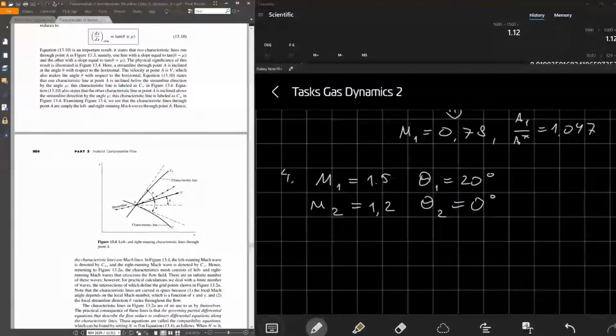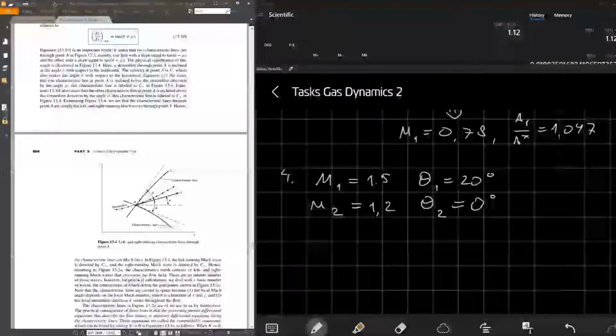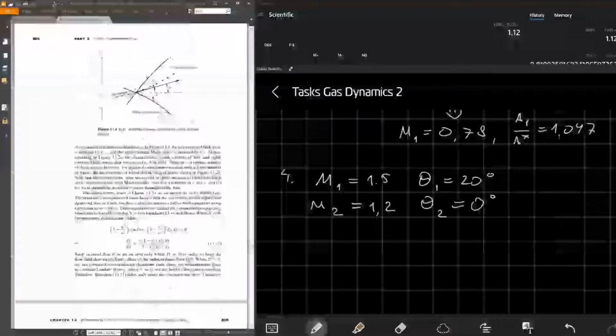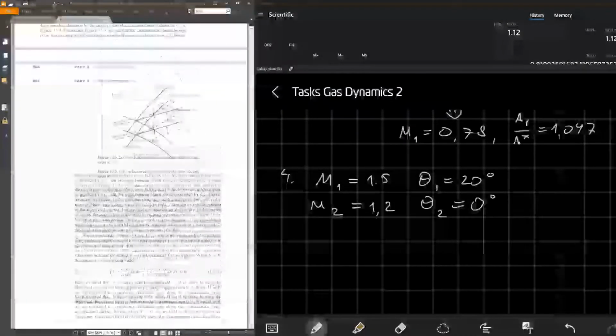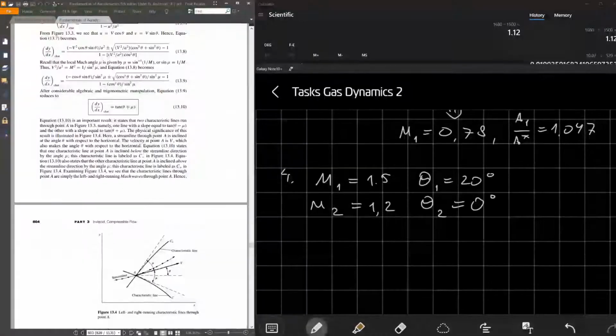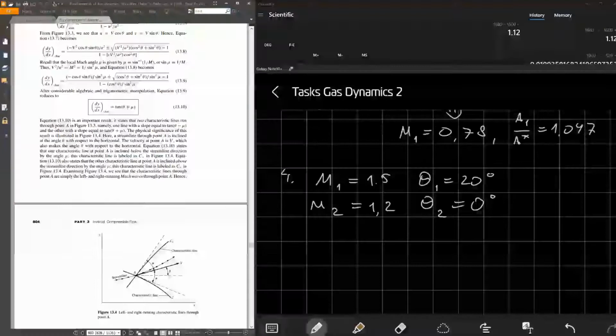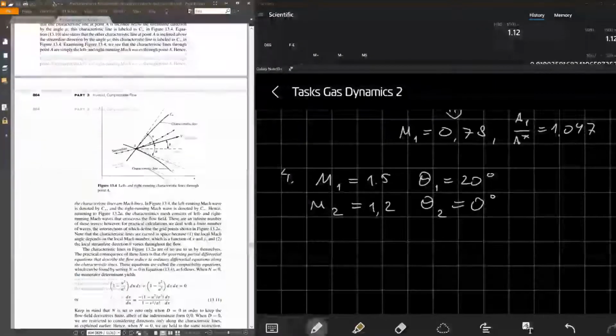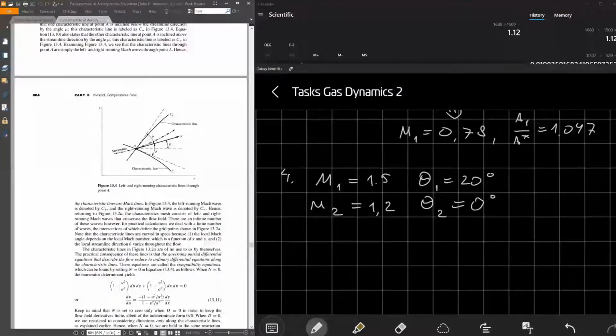I'm just calculating this angle from the appendix, right? The formula is this right here, 13.10, and we can calculate two lines. One line goes up, another line goes down.